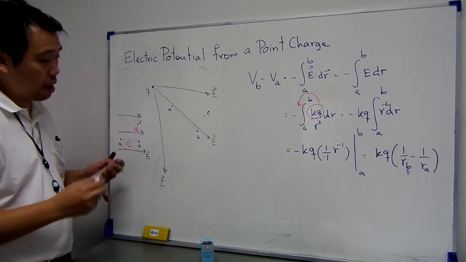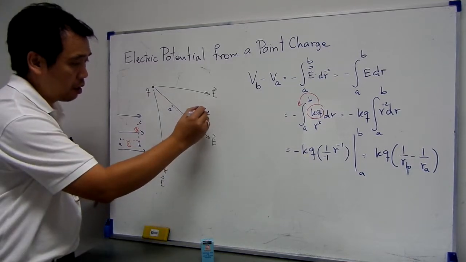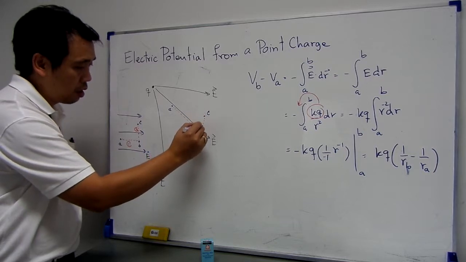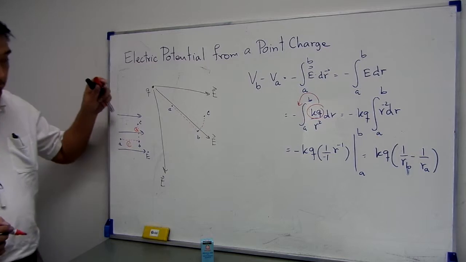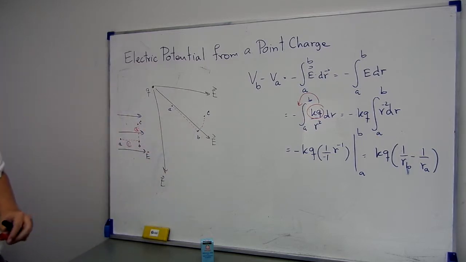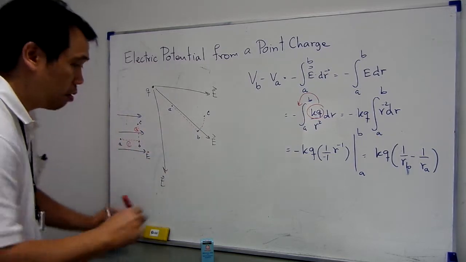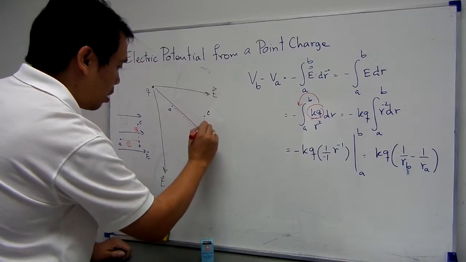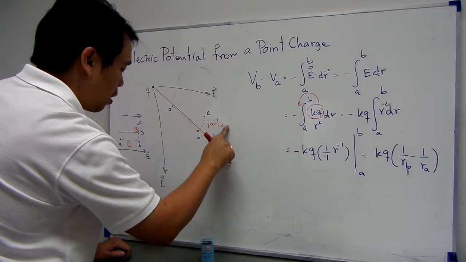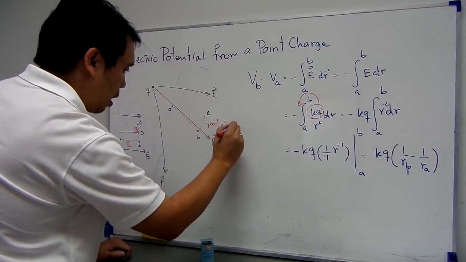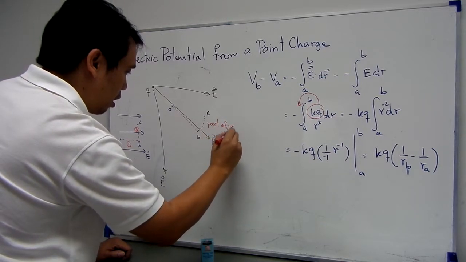And then the second part that joins B and C. The line that joins B and C is part of a circle.